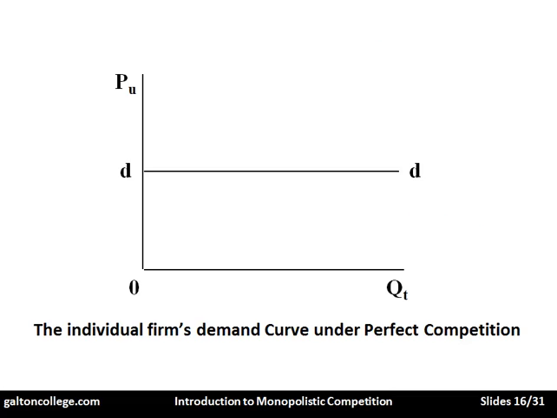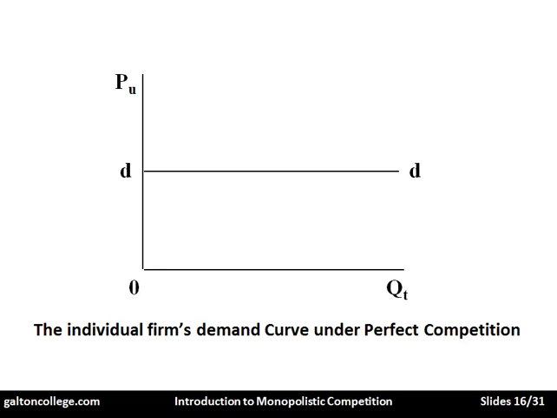Now, let's look at a diagram. Here's the demand curve, DD, and we see this particular demand curve is horizontal. It's the individual firm's demand curve under perfect competition. If you think back to the model of perfect competition, demand curves were horizontal.